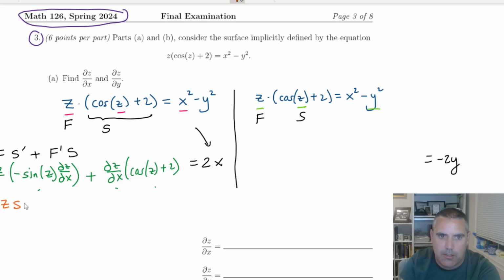This feels a little bit like our exam question. There's a dz/dx here and a dz/dx here, and it's attached to everything in this story. So I think what I'm going to do instead is completely factor it out.